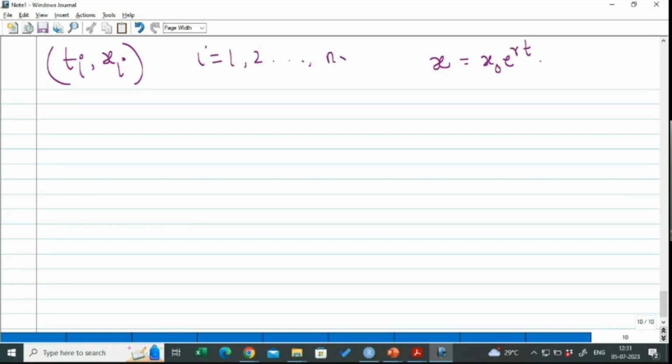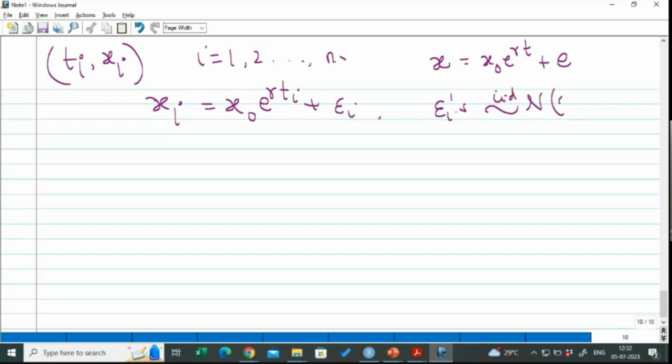This is the mean, plus error. So this is the regression model that you are having. In terms of the regression model, you have x0 e to the power r ti plus epsilon i, where the epsilon i's are iid normal 0 comma sigma square. So this is actually a non-linear regression.